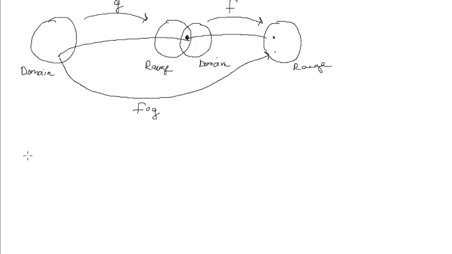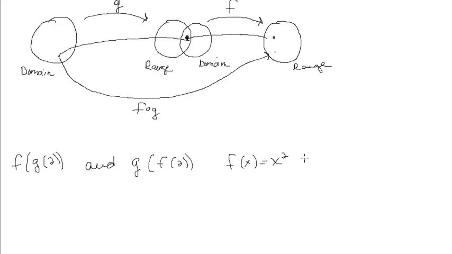Alright, so let's take a look at an example. The first example on your study guide says find f of g of 2 and g of f of 2, and we're told that f of x is equal to x squared and g of x is equal to x plus 1.